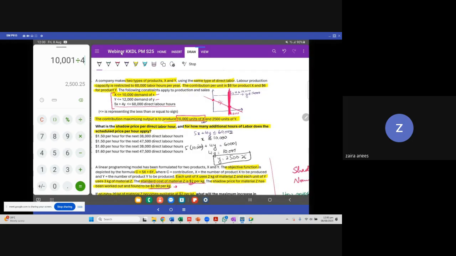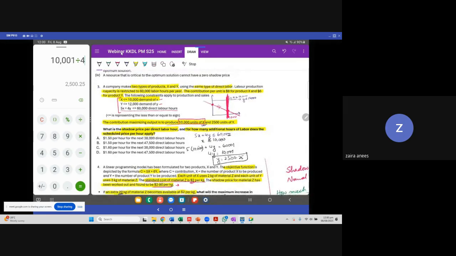So what will be the production? Initially we were manufacturing 10,000 units of X. We will manufacture the same X because X is at the maximum capacity. If you produce more X, it's going to hurt you, right? Because you won't be able to sell it. So increase in X is 0.